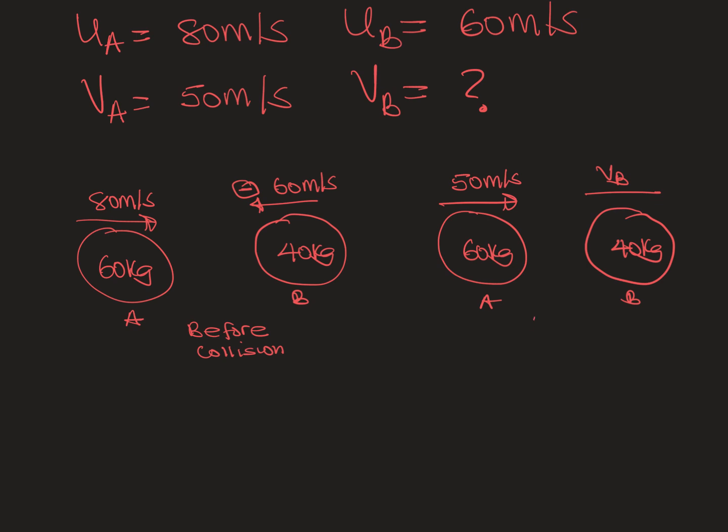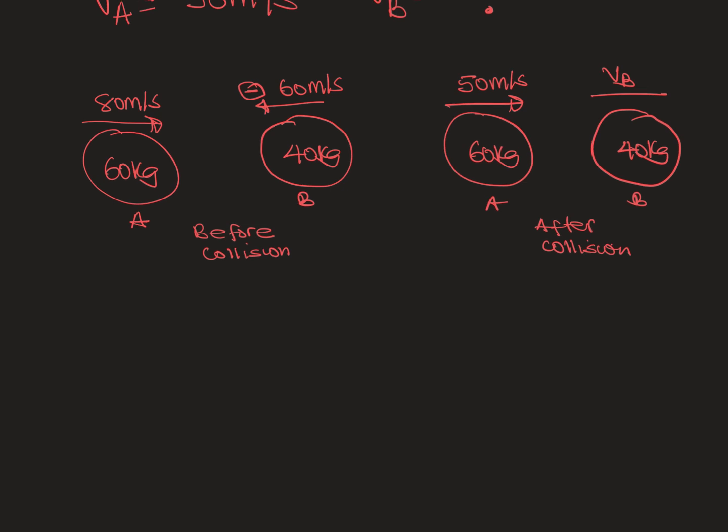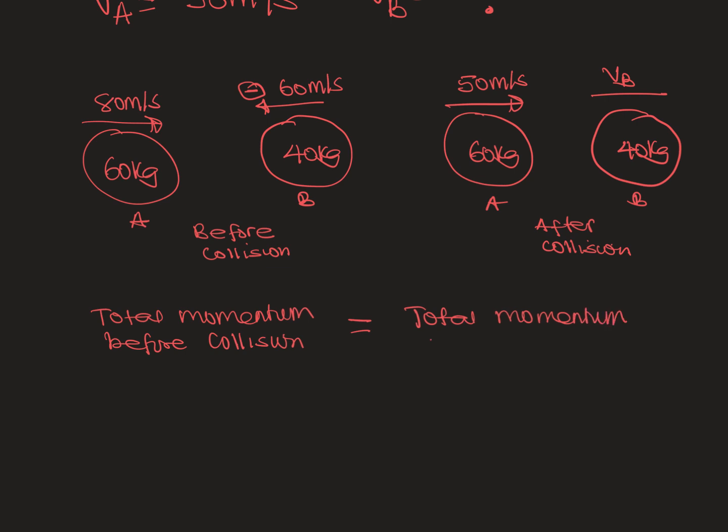This is the situation after collision. What we can do is apply the principle of conservation of linear momentum, which states that the total momentum before collision is equal to the total momentum after collision.